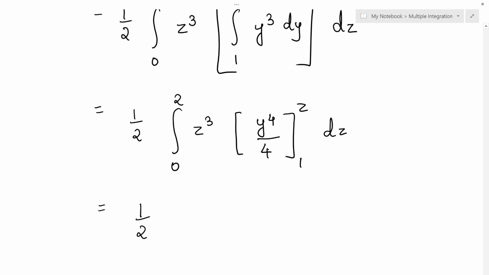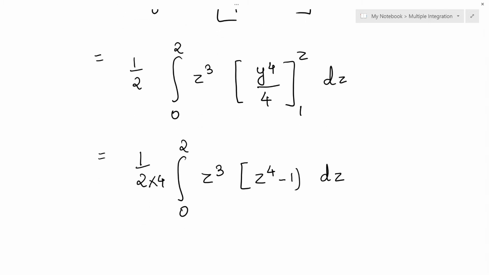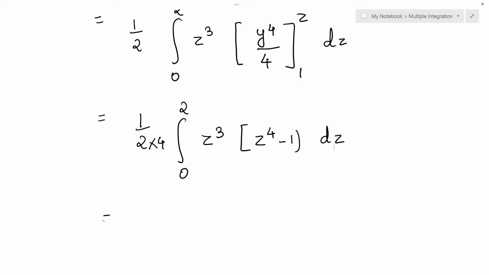After I substitute the limit, z raised to 4 minus 1, and 4 can be taken outside. So the final integration I am doing is 1 by 8, 0 to 2, z raised to 7 minus z raised to 3 dz.